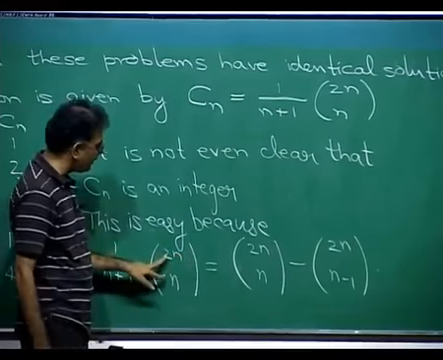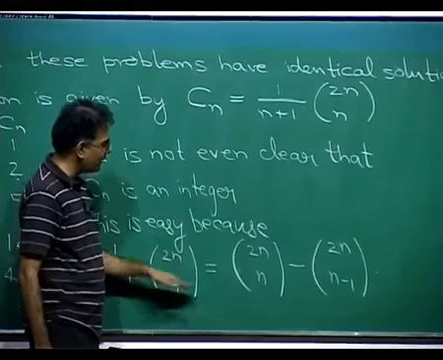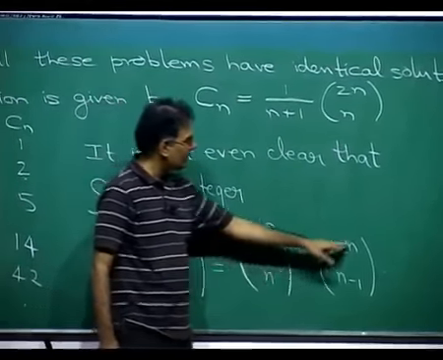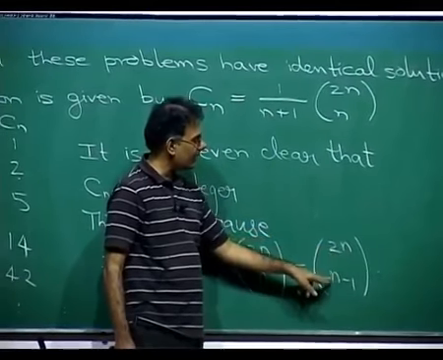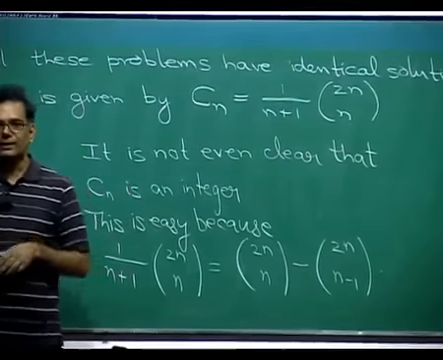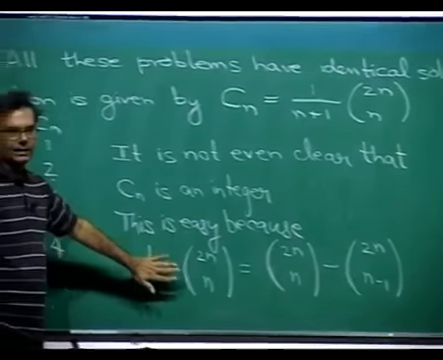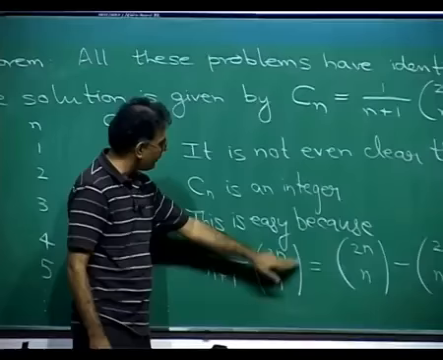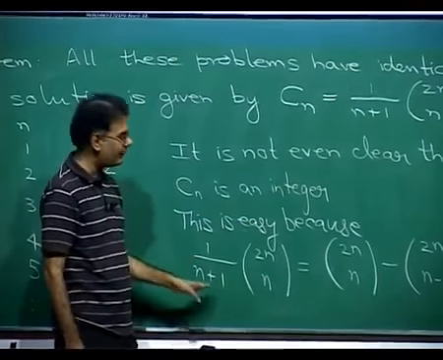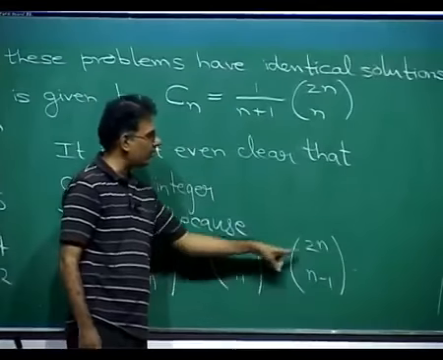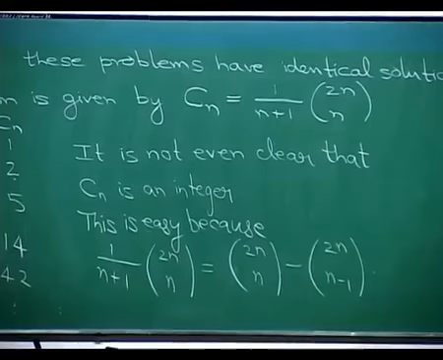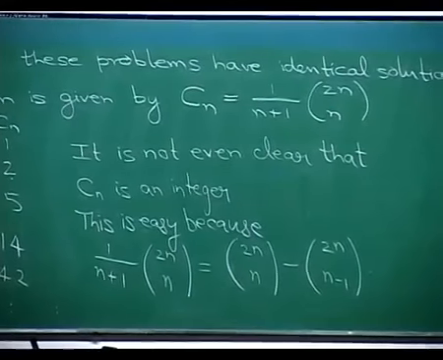If you just use the formula for what n choose k means, 2n choose n is 2n factorial by n factorial squared. 2n choose n minus 1 is 2n factorial by n minus 1 factorial into n plus 1 factorial. Then pull out common factors, simplify, and you will exactly get this side. This is easy to see, and therefore it shows that this number, which at first is not clear to be an integer, is an integer, since it's the difference of two binomial coefficients, both of which are integers. Okay, so that's fine. So it's an integer, that's good.